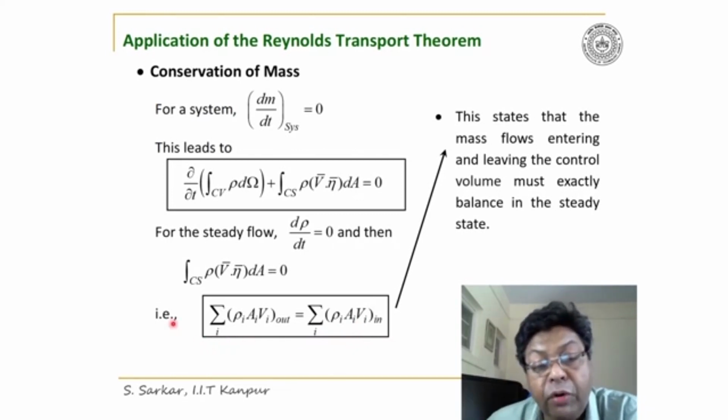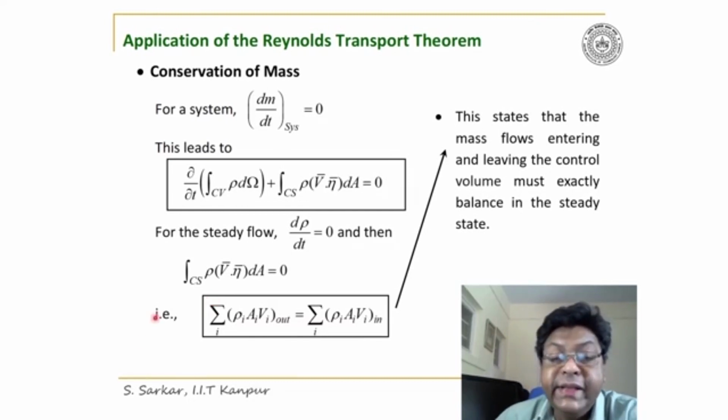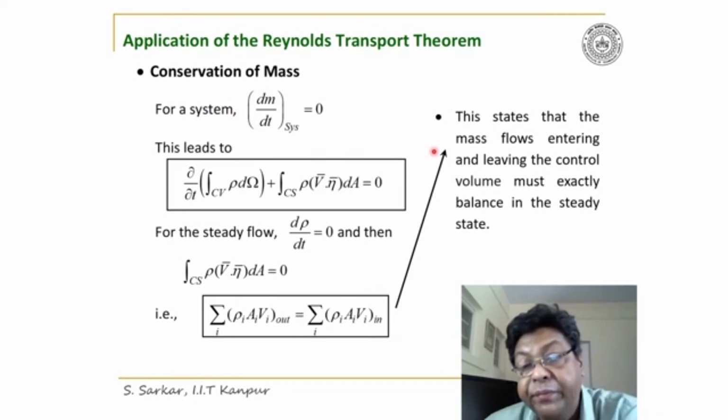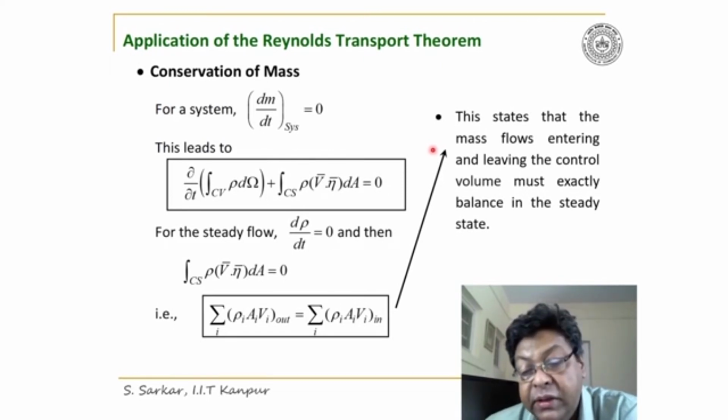That means mass flow through the different inputs balance each other. This can be stated as, for a steady system, the mass flow entering and leaving the control volume must exactly balance each other.